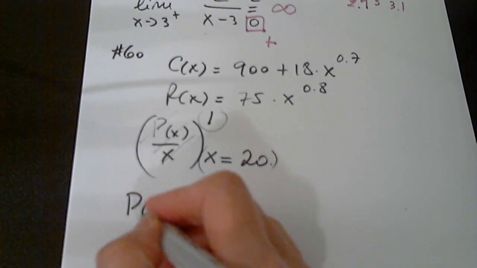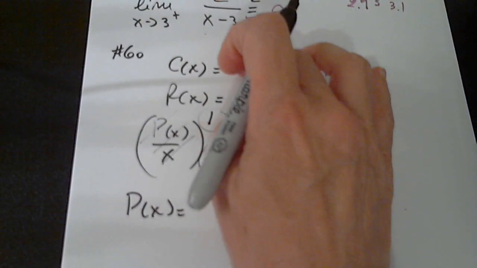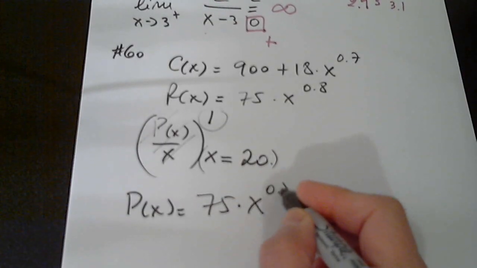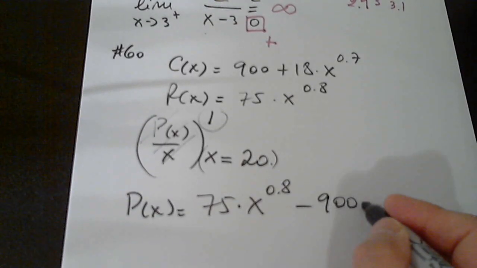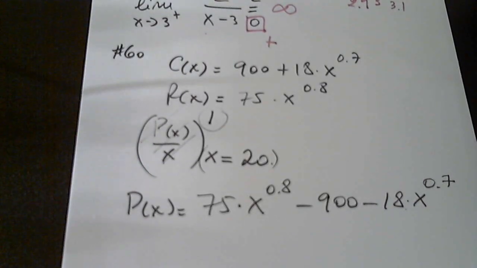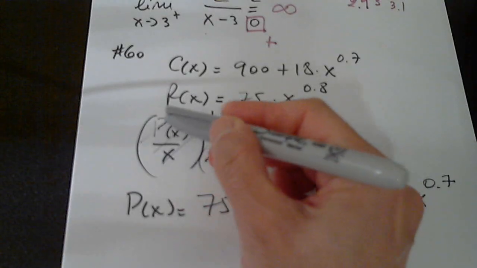So first of all, the profit equals revenue minus cost. So 75 times x to 0.8 minus 900 minus 18 times x to 0.7. Is this clear so far? Is this step okay? Yes. Perfect. Now I have to create this function.